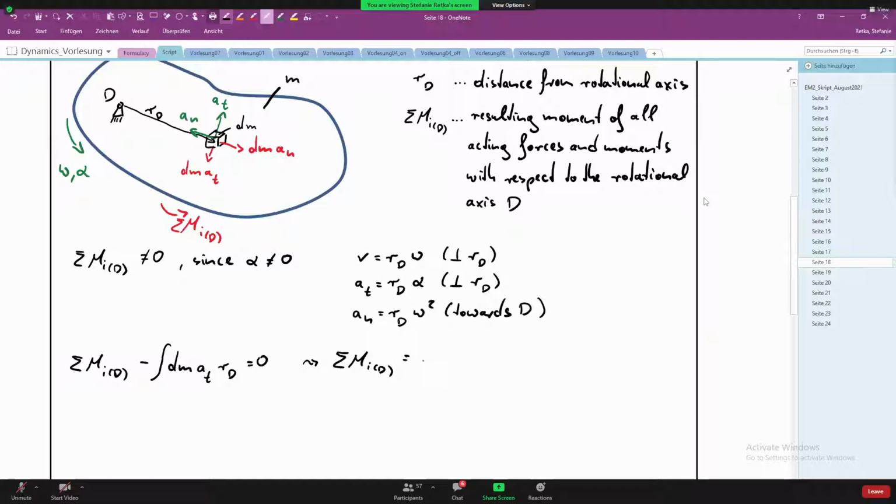Alpha is a constant, and then we do not have to integrate over alpha, but as you just asked, our radius is dependent on the position, dependent on the mass element under consideration, and the position and size of the mass element under consideration. And that's why we have to integrate over the radius. And that's how we consider the different position. Okay, thank you. You're welcome.